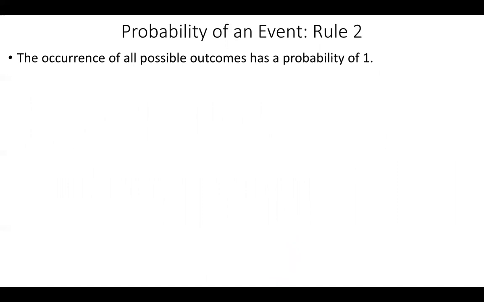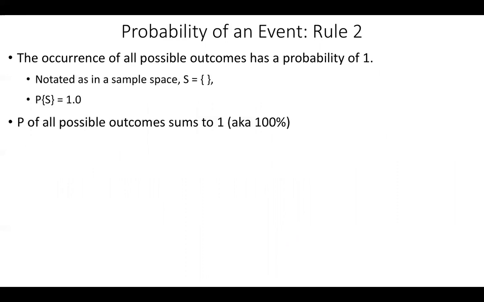The occurrence of all possible outcomes of an event have a probability of 1. So this can be notated as a sample space S. And within a sample space S, the probability of all possible outcomes occurring is 1.